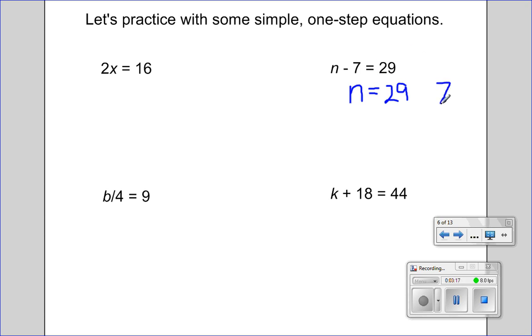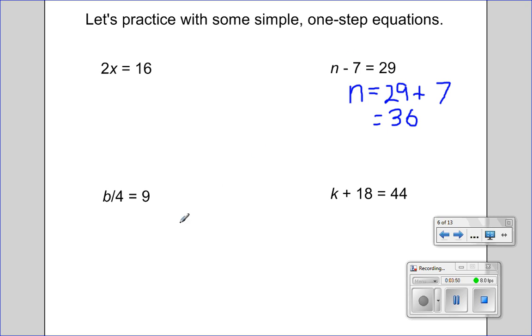And since I subtracted on the left side, here on the right, I'm going to add. And so 29 plus 7 equals 36. And you know, I could even test this if I wanted. I could say, all right, so replace n with 36. 36 take away 7 equals 29. That's how I know I'm right.